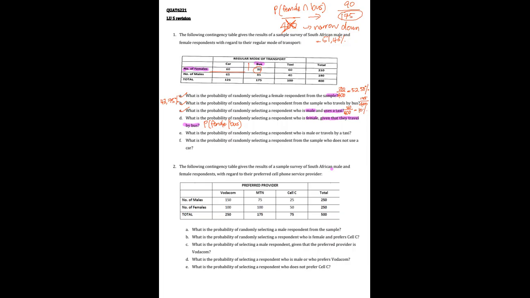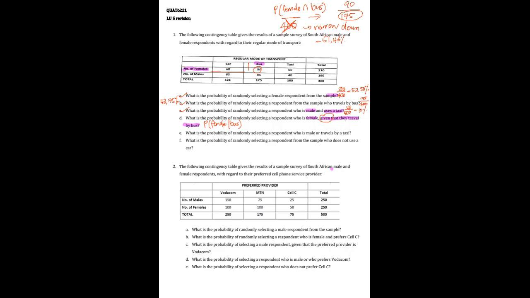They just wanted to know the probability that it was a male and the person uses a taxi. Here, they specifically use the word given, and that's how a conditional or a dependent probability works, because you already know that the person is traveling by bus, and now you just want to determine the probability that they're female, given that they travel by bus.